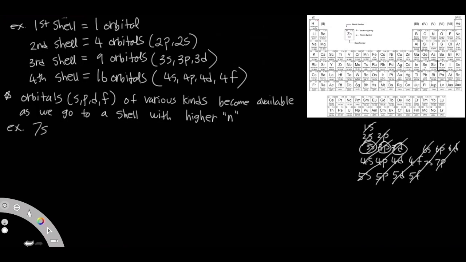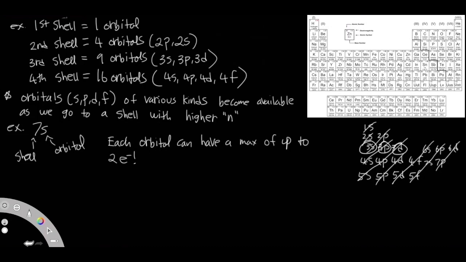If we look at something like 7s, we need to understand that this 7 here represents the shell, or the principal quantum number. This here represents our orbital. Now each orbital, remember, can have a max of 2 electrons, and they are spinned upwards or they're spinned downwards.